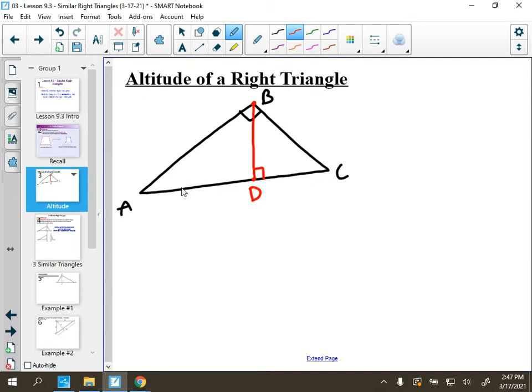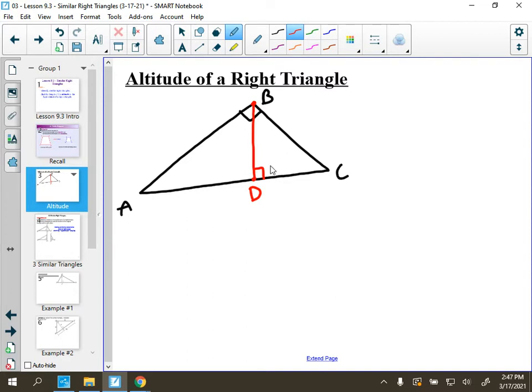Based on some of the principles we talked about in the previous chapter, these three triangles would all be similar. Remember the AA similarity theorem from last chapter said that in a triangle, if two of the three corresponding angles are congruent, then the triangles themselves have to be similar.